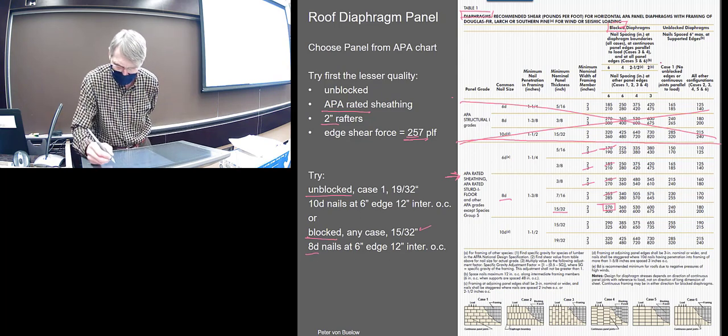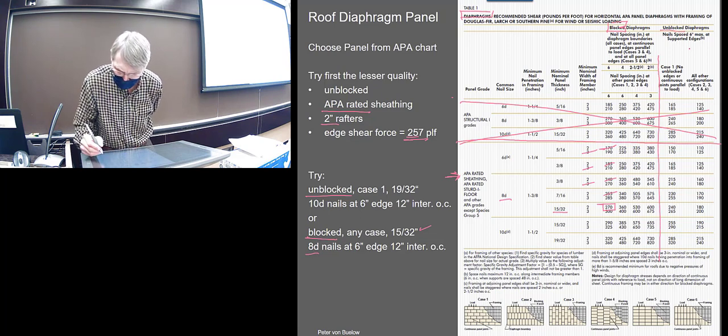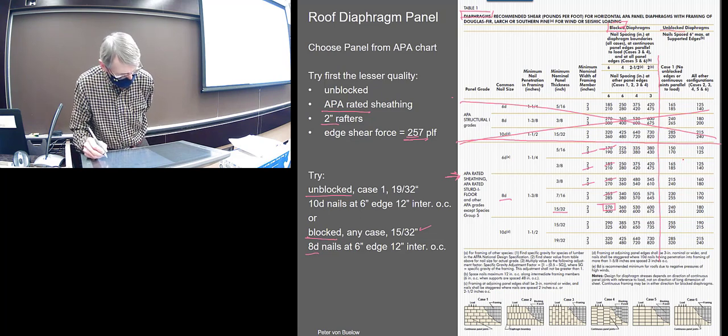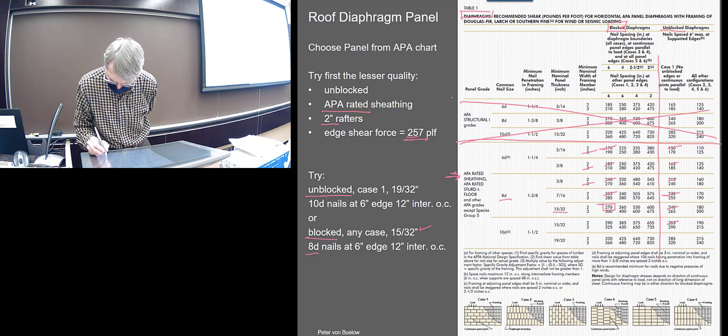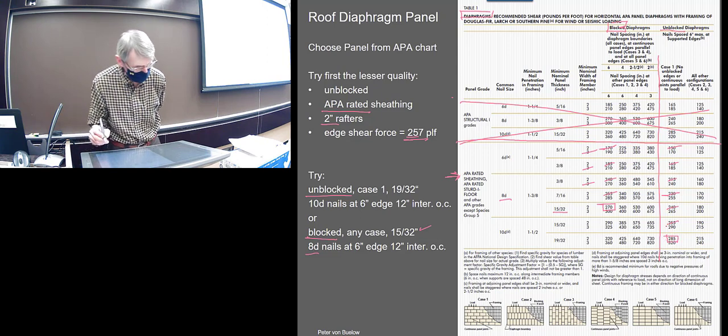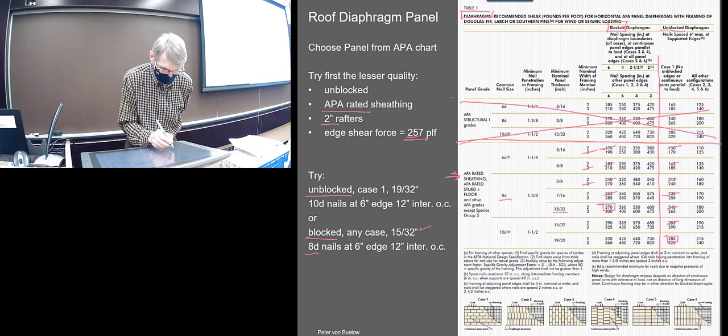Okay, if I did it as unblocked over here, I got 257. Almost that one. That would be that one for case 1. Did it say what case? Yeah, case 1. Good.